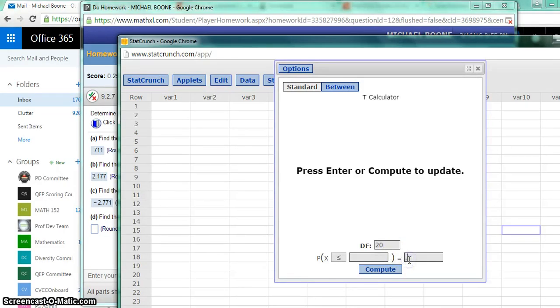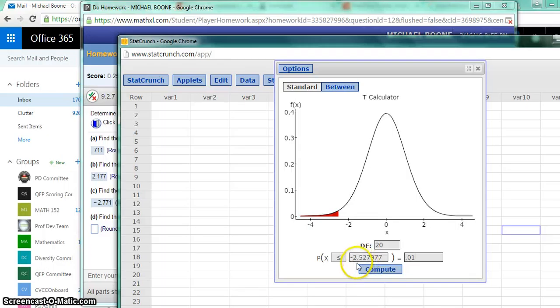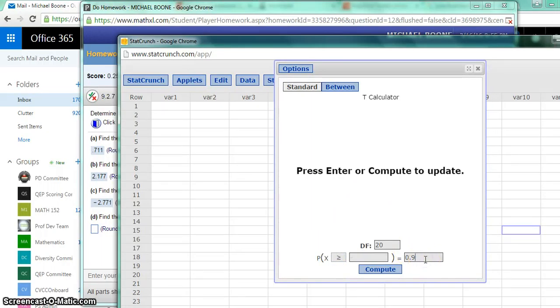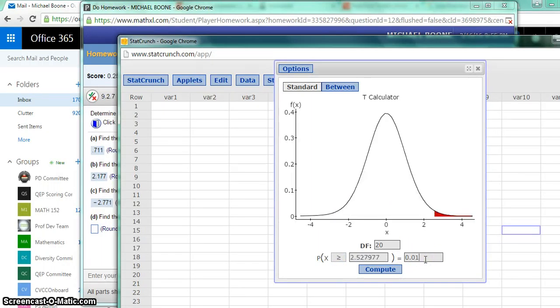If I say just 0.01 to the left, that gives me a negative 2.5279. If I did 0.01 to the right, that would be the symmetry, 2.5279.